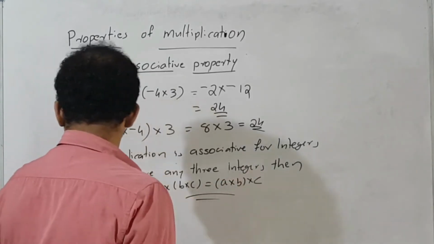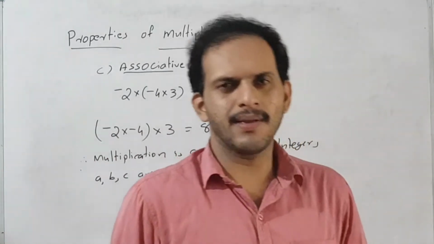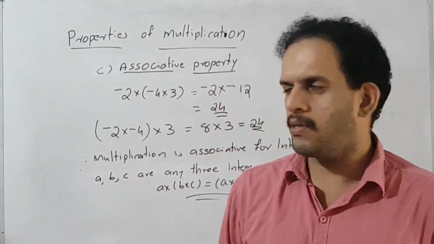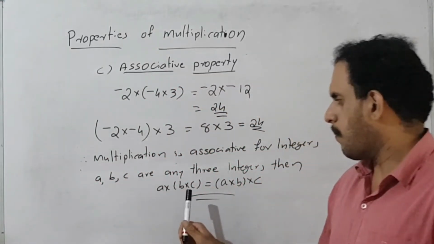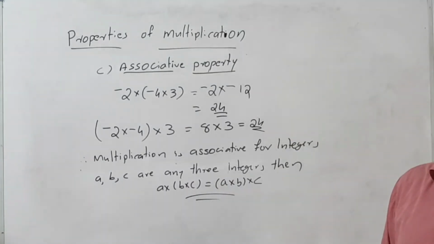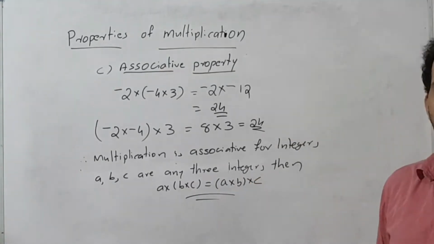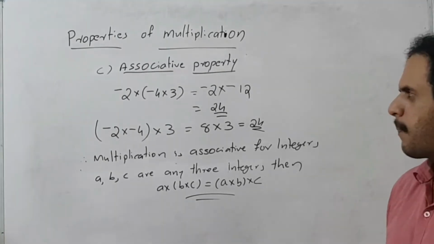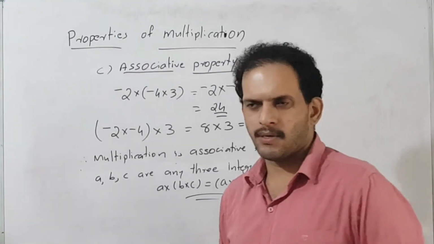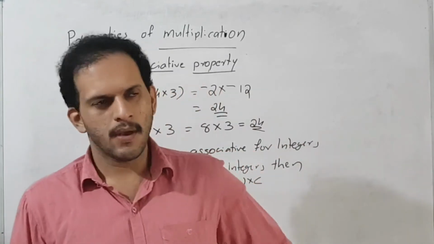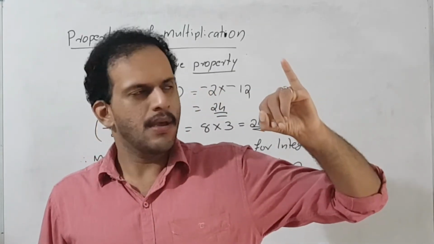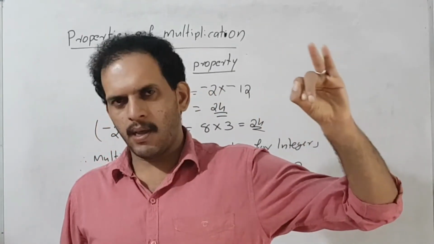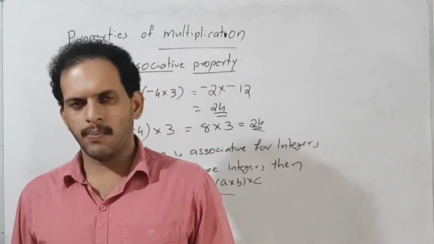Okay, then how do we generalize the idea? If A, B, C are any three integers, then (A into B) into C is equal to A into (B into C). These are the three properties of multiplication. What are they? First one is closure property, second one is commutative property, and third one is associative property.